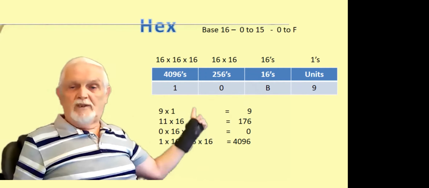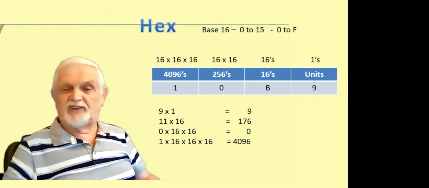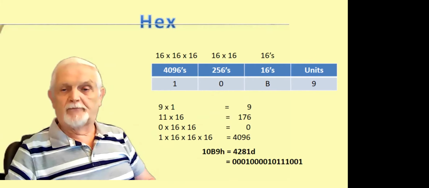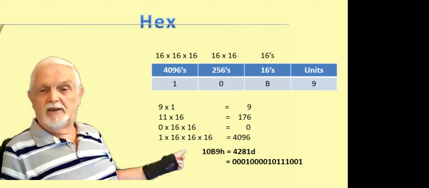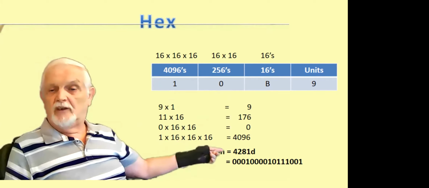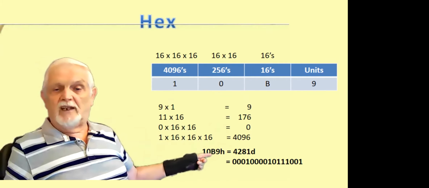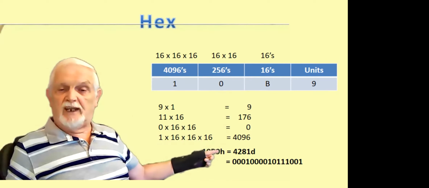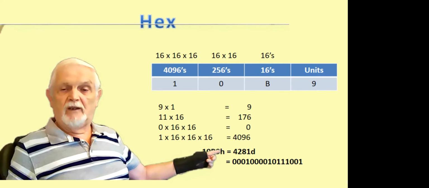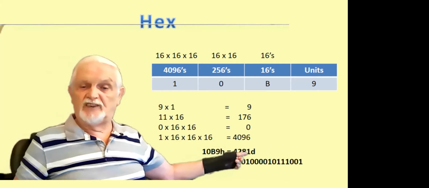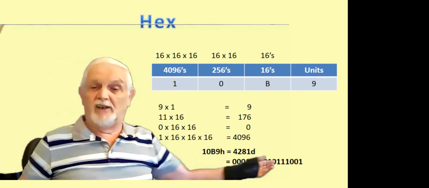So 10B9, we just add these up and we'll get what it represents decimally. So 10B9 is the same thing as 4281 if my sums are right. But that 10B9 has got an H at the end telling you this is a hex number. But the same thing as 4281 decimal, which is the same thing as all of that written in binary.